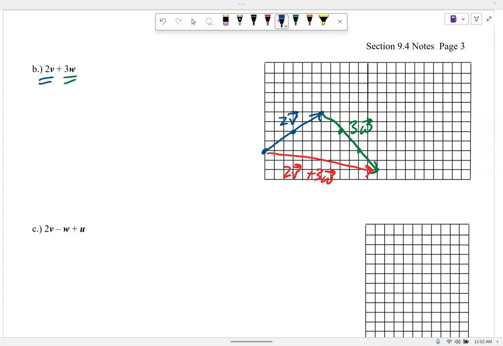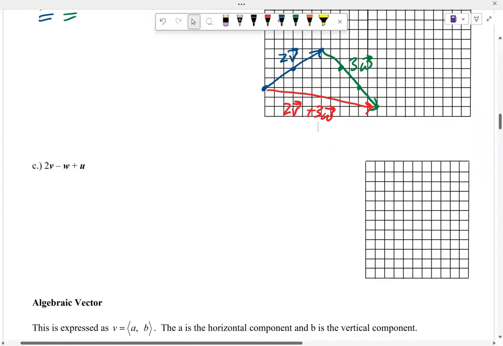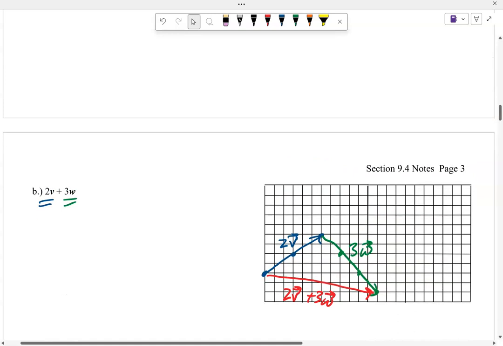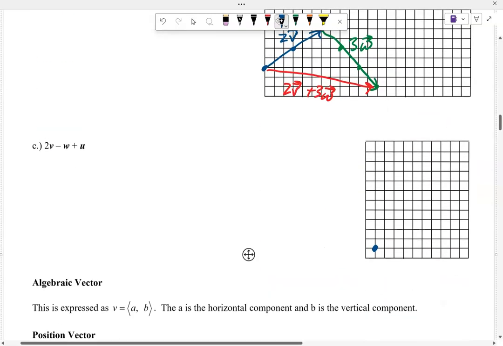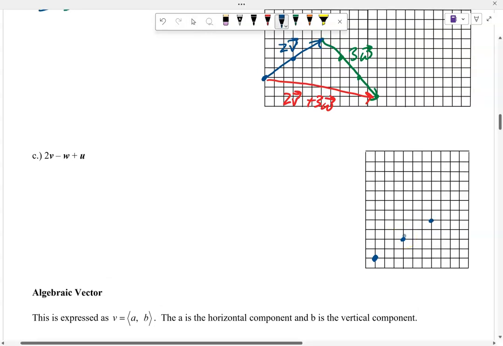Alright, this next one we got 2v. Let me start right here. 2v. So our v was up to right 3. So I'll double that. Up to right 3. Okay, so here's my 2v.